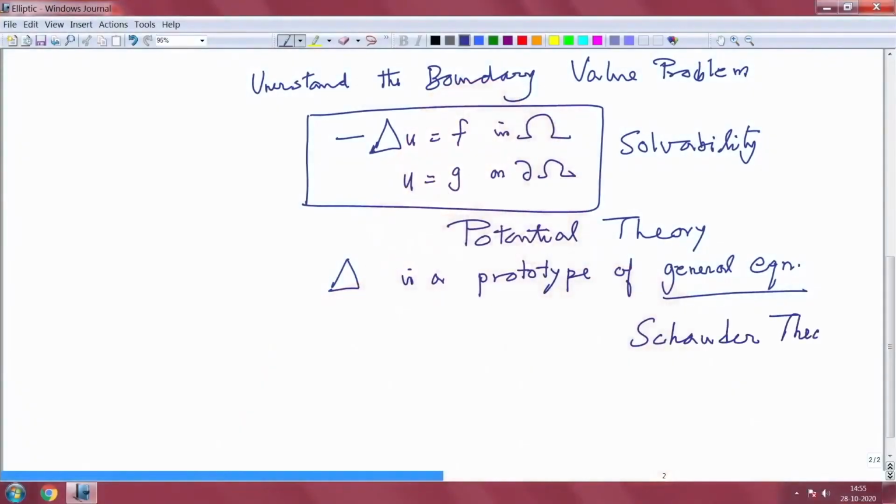So, if you want to understand the general second order operator and its boundary value problem, instead of Laplacian you want to study Lu equal to f with u equal to g. But even to understand this equation, understanding the Laplacian operator is important, and through the lectures you will see that even getting various properties and solvability of Laplacian itself is a challenging problem.